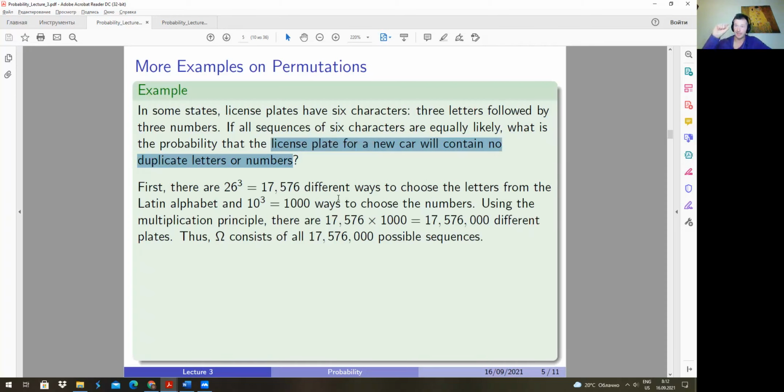If I used the letter A once, I cannot have it a second time. I should have something like ABC or ABD or ABE, but not AAB. AAB is not possible in this particular question. I don't want one letter or one digit to repeat.